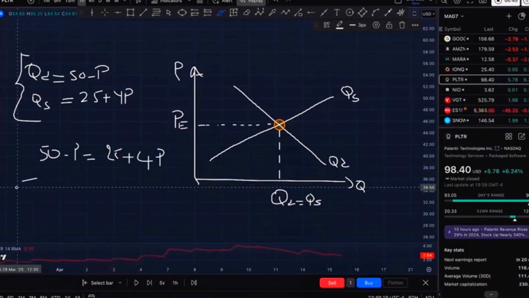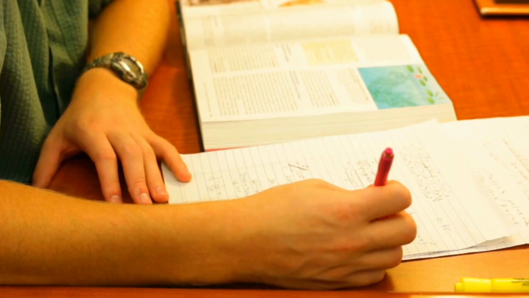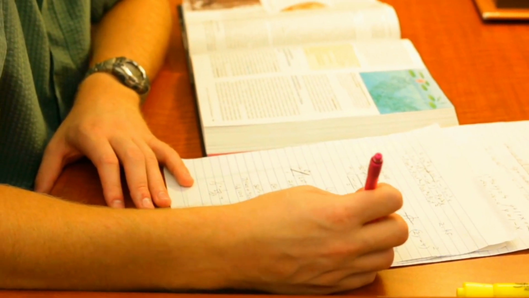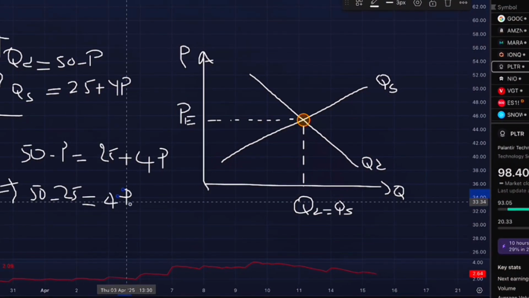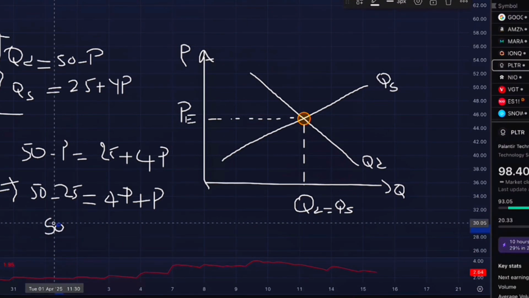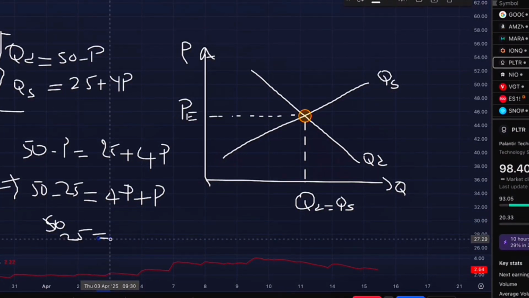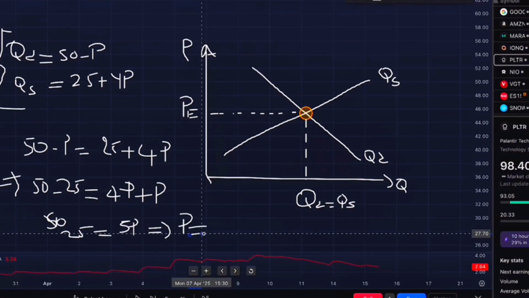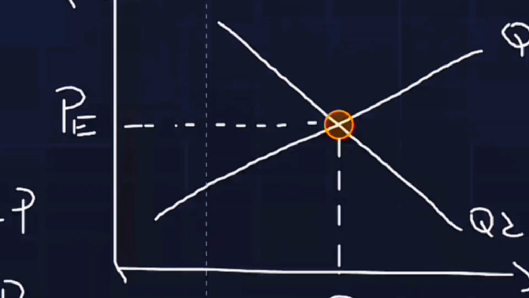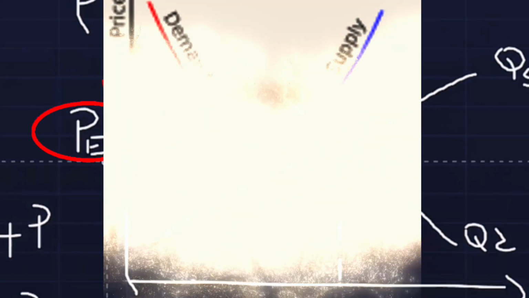If we regroup these terms, we have 50 minus 25 equals 4P plus P, so 25 equals 5P. That implies P equals $5. So this P over here is the price at the equilibrium.